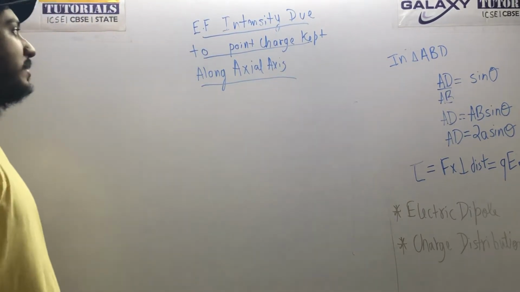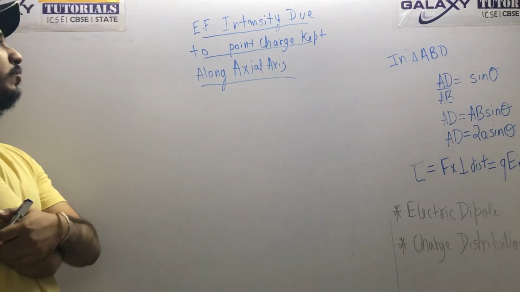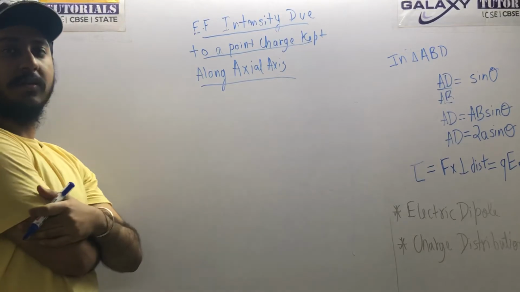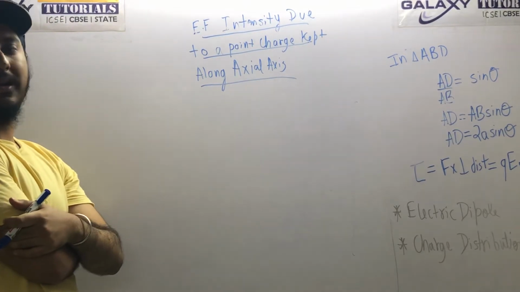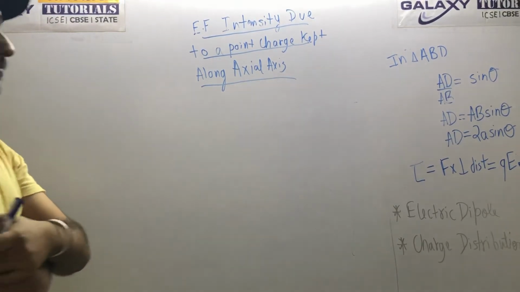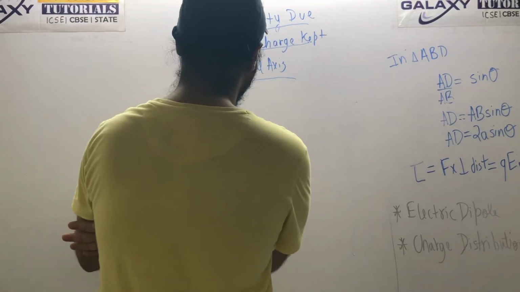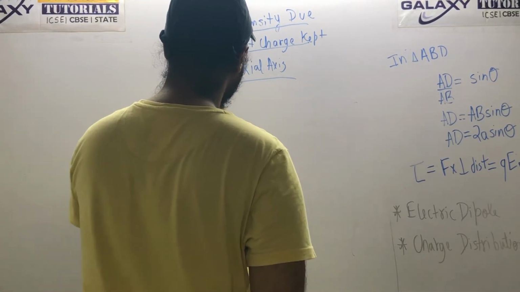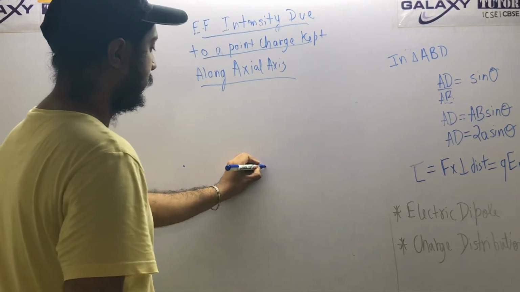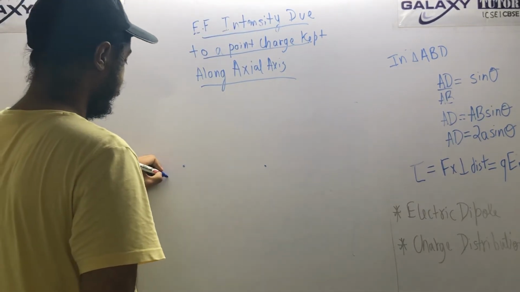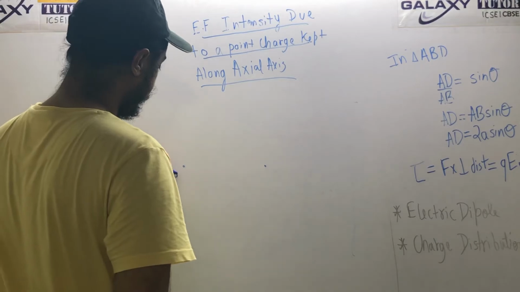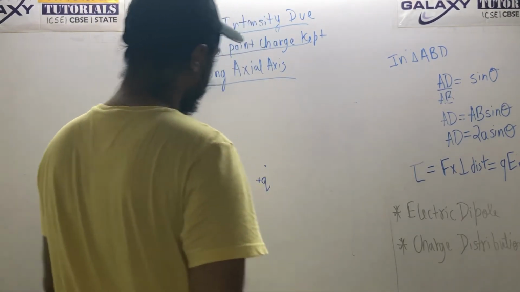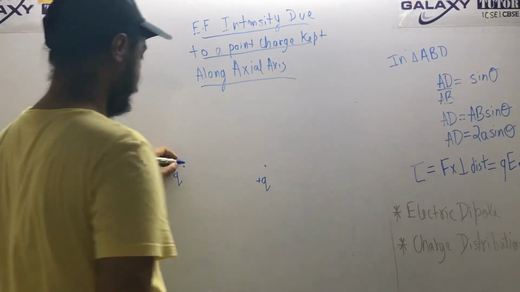Next topic is electric field intensity due to a point charge that is kept along the axial axis of the electric dipole. Let me show you with the diagram what I am talking about. Let us assume this right here is the electric dipole.